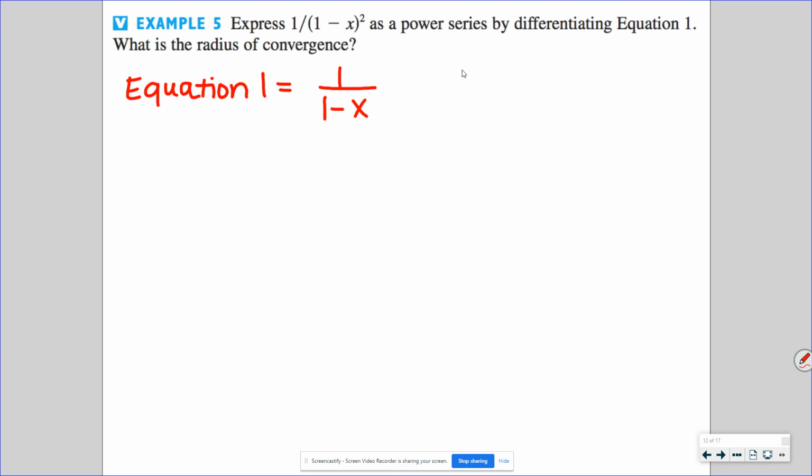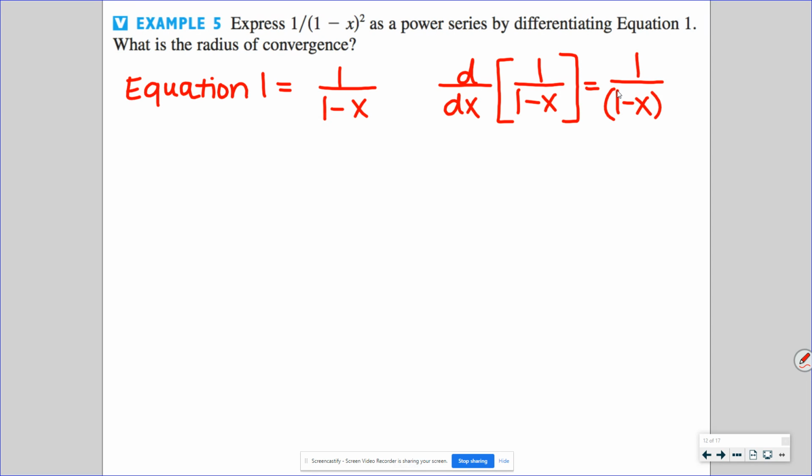So we're going to start by asking, is the derivative of this thing, 1 over 1 minus x, equal to 1 over 1 minus x quantity squared? That's the question. Possibly. Should we do the math real quick?